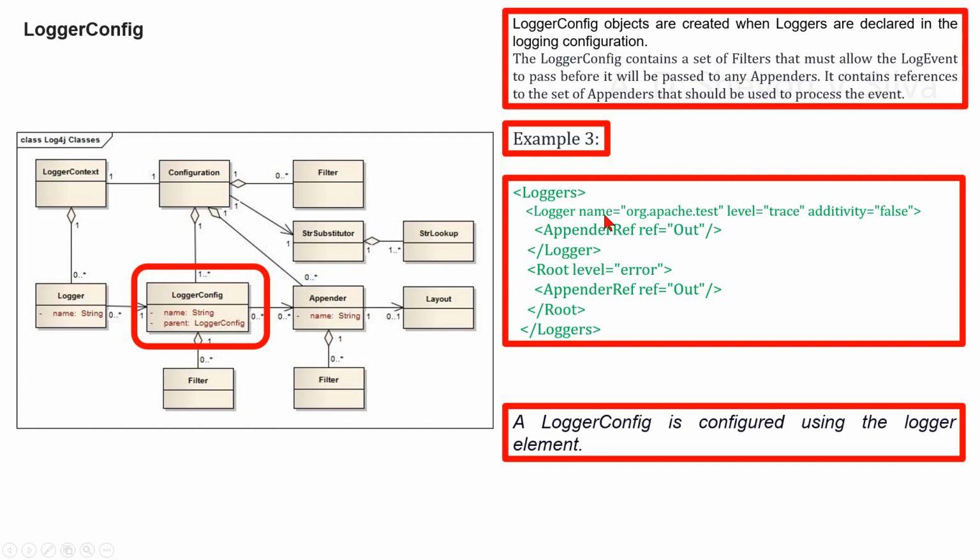To disable this behavior, includeLocation can be set to false on the LoggerConfig. This will cause Log4j to defer calculating the information until absolutely necessary.